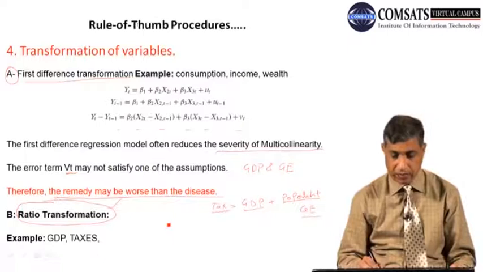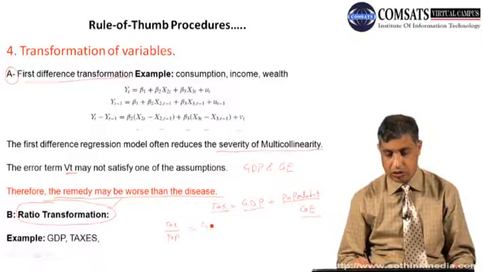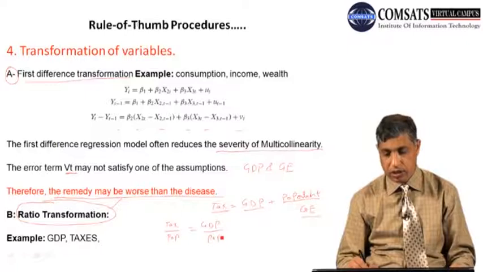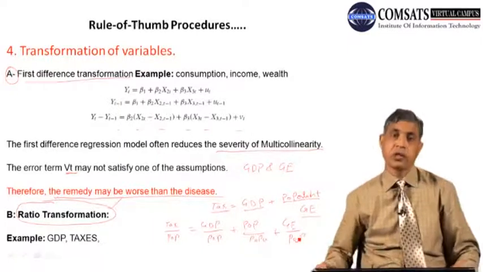Now the model becomes taxes over population is equal to GDP over population plus total population over total population plus government expenditure over population.